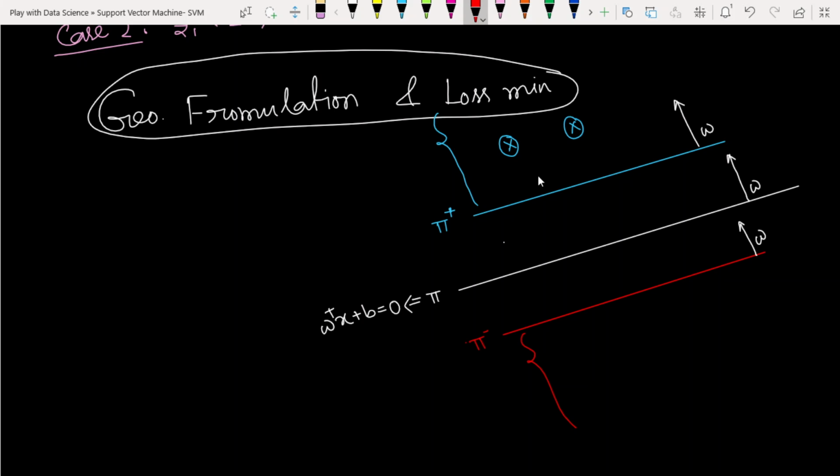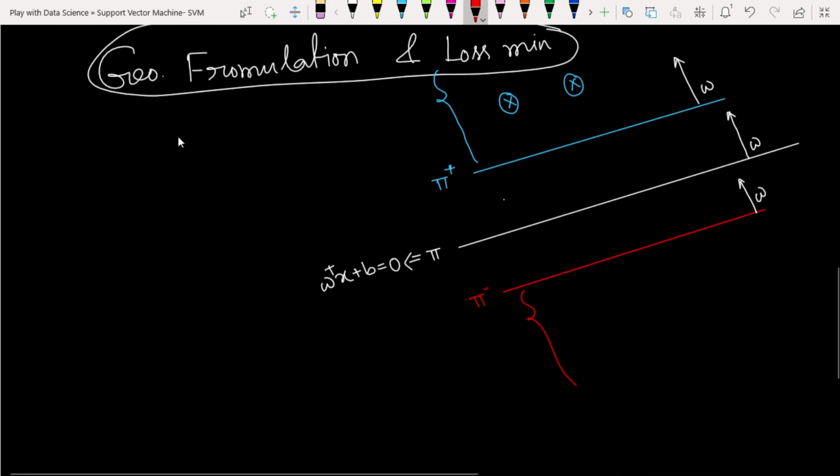If this is in the positive direction and it is correctly classified, then what will be the value of zeta now? If you remember the lectures on soft margin SVM, then you can find that if our points are correctly classified, then our zeta's value is simply 0.